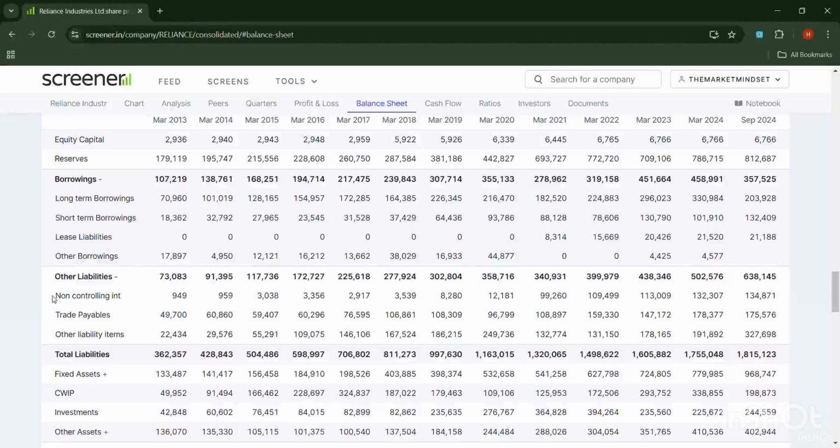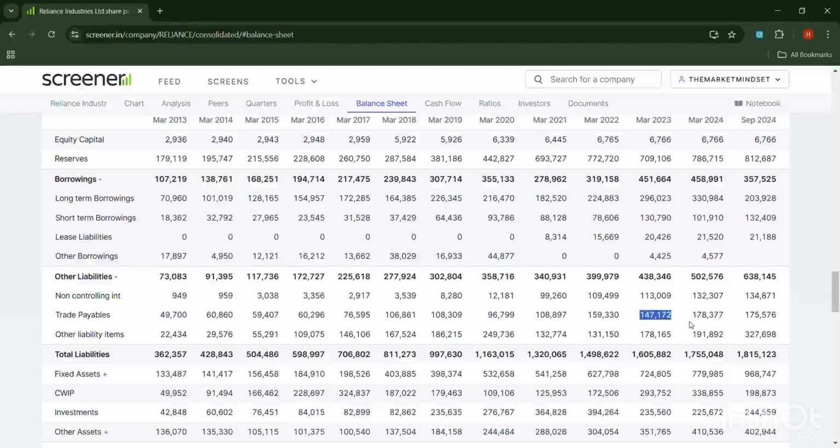Next comes the trade payables. Trade payables basically refers to the money that the company owes to the suppliers, that is, they have purchased the goods on credit. Trade payables should always grow hand in hand with the revenues of the company.